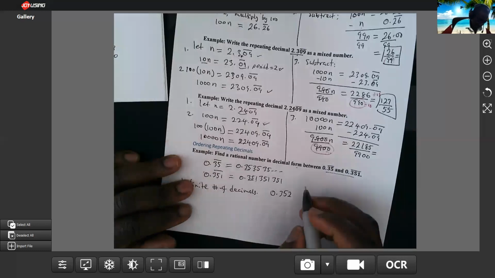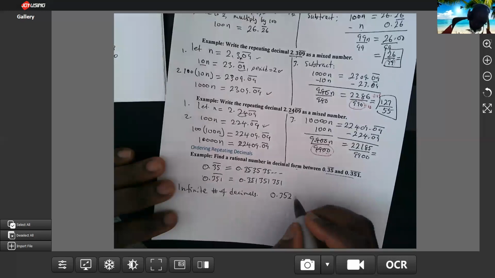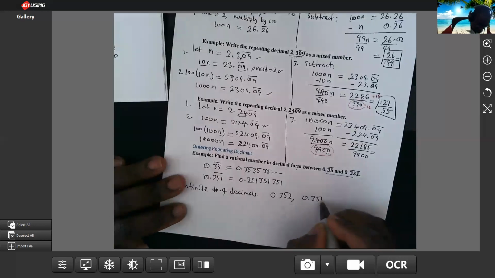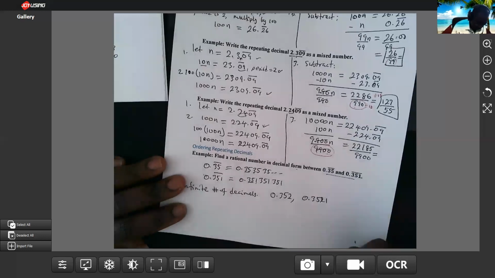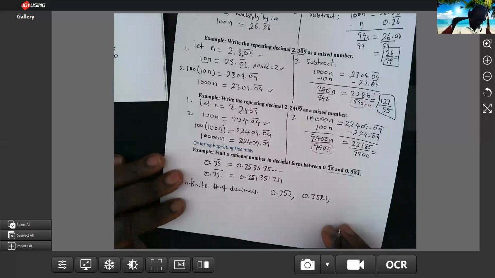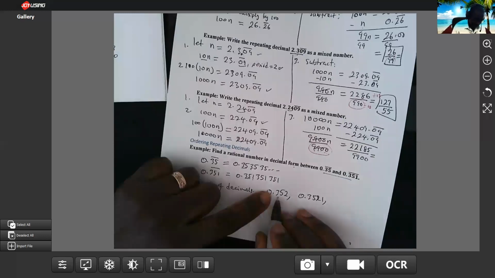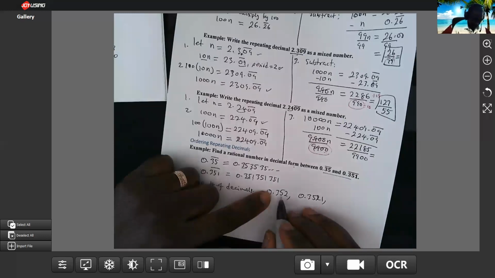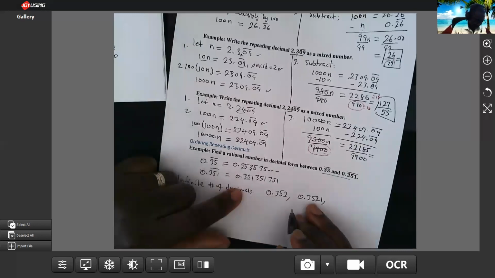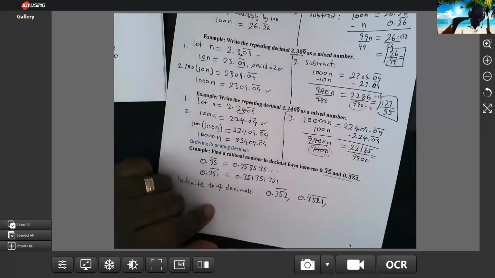Or we can have 0.3521, or you can have 0.351352352352, which comes between these two. That also can be another example.